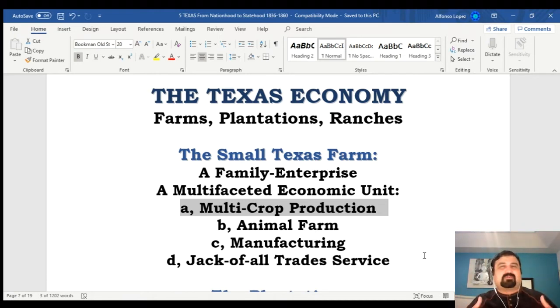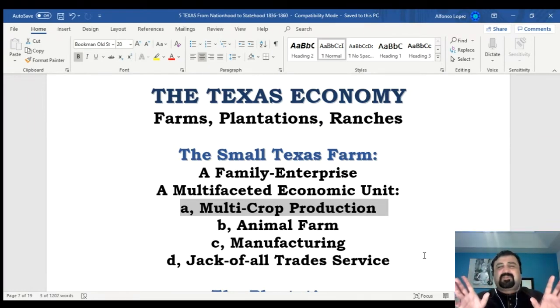Yeah, grow corn, particularly corn, but at the same time include other crops along with it. Okay, you include legumes, like beans, for example. You include also vegetables as well, maybe some wheat as well. This is called multi-crop production.